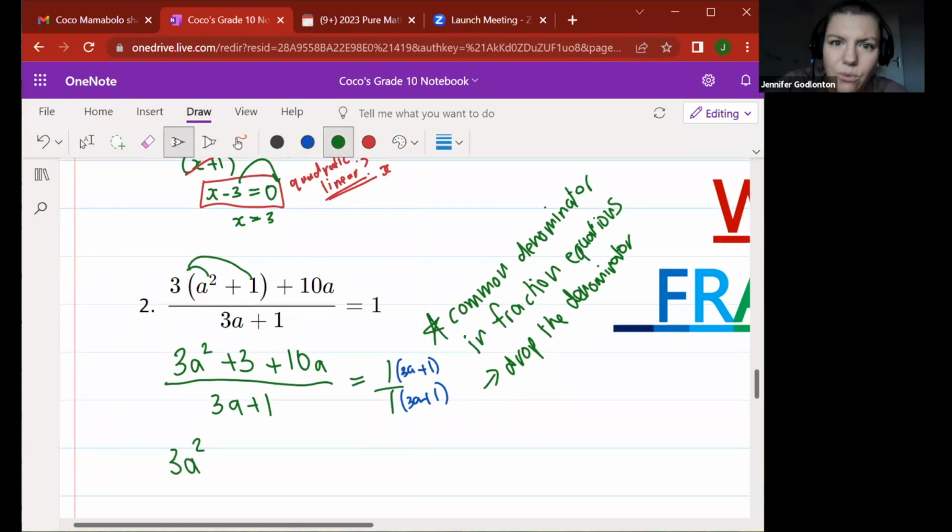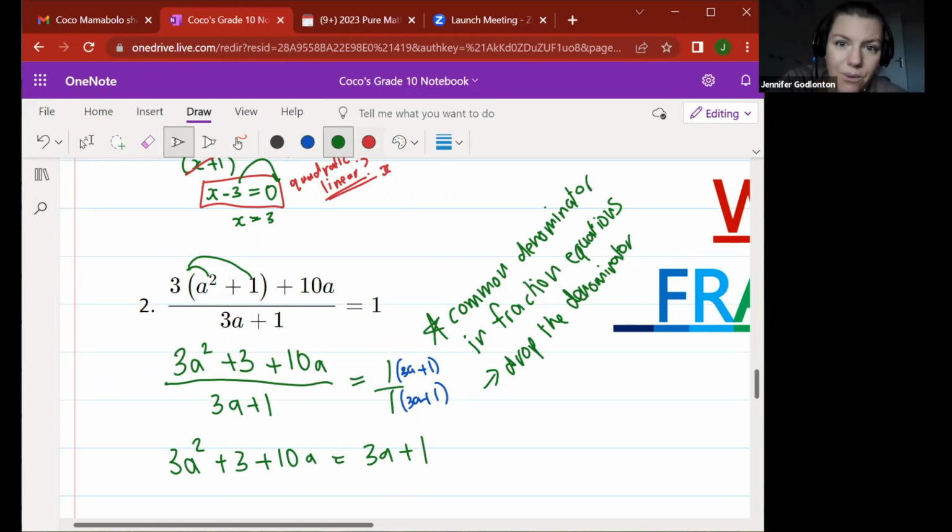So what I have now, plus 10a, is equal to 3a plus 1. And we get to drop that denominator completely because both denominators were 3a plus 1, so we get to ignore them.